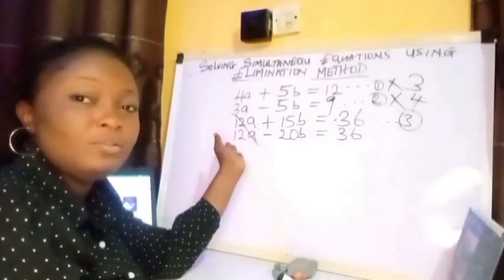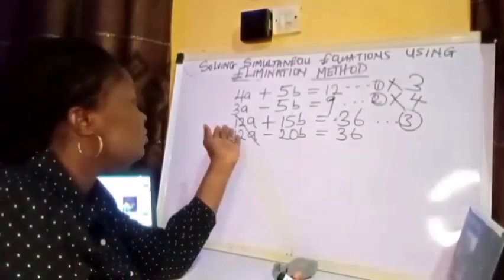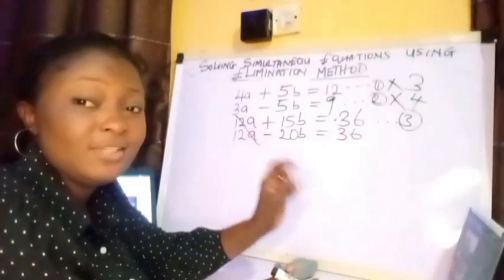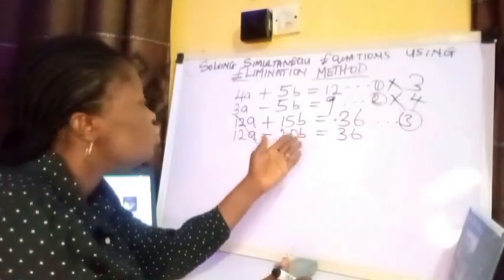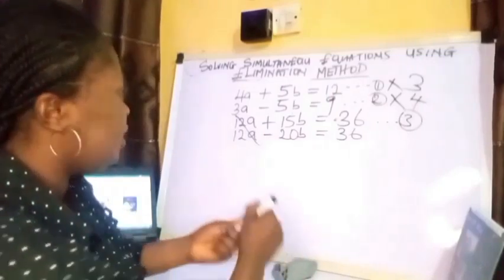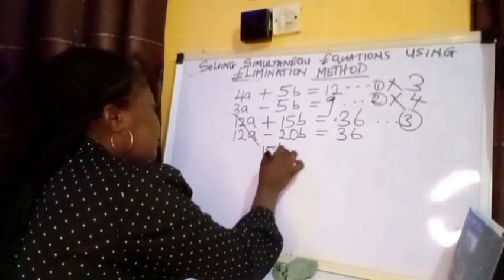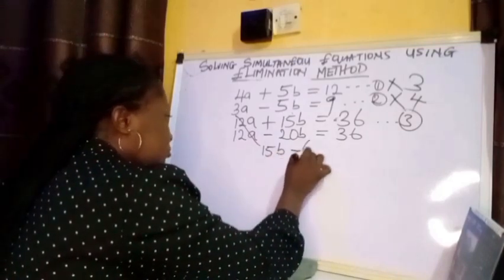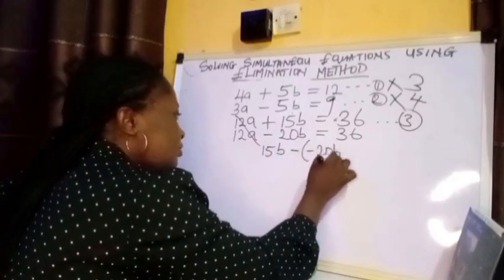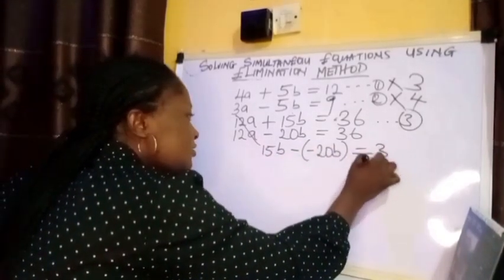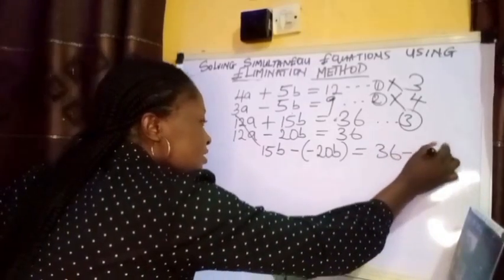Looking at this, the A in equation 1 and A in equation 2 have the same sign. Both of them are positive. So we're going to subtract the equations. So this will be 15B minus 20B is equal to 36 minus 36.